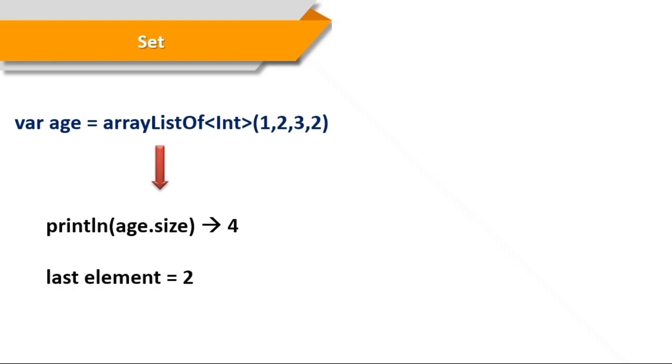So even if you try to add the same element more than once, in fact, if you notice in our example here, the array that we created using the arrayListOf has 4 elements, and the number 2 is used twice. So in this case, when we print the size of the array to the console, we get the number 4, and we can see the last element of the array is 2.